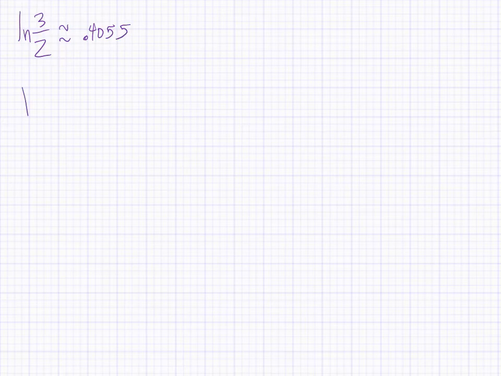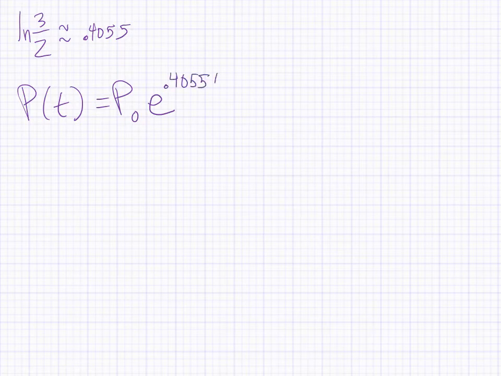So my P of t function describing the growth would be P sub 0 e to the 0.4055 t. That's the proportionality constant for this problem, based on the growth we saw from the initial amount to the 1 hour mark.